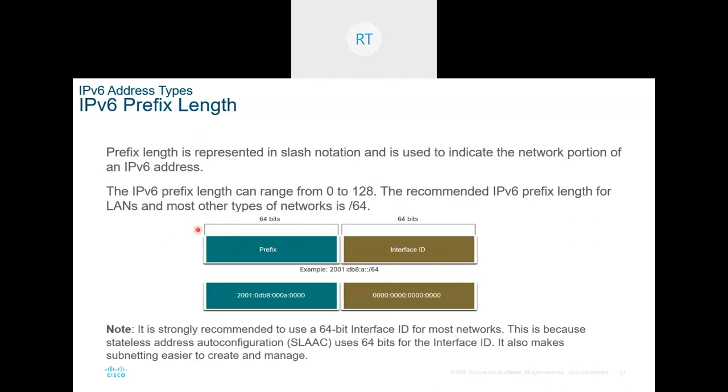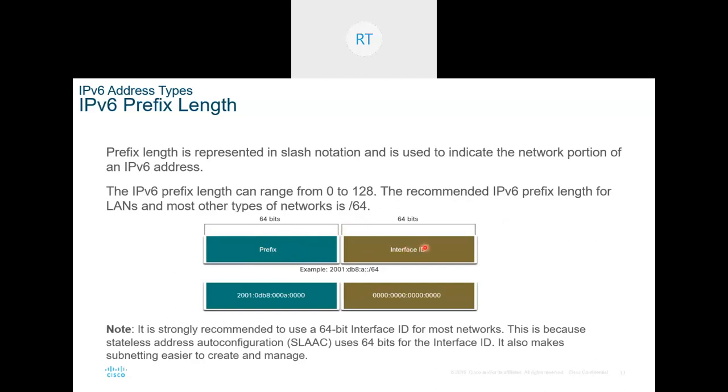Now the prefix is usually 64 bits, and the interface ID is also usually 64 bits. This is the normal application, that the prefix, or what you would call the network portion, is 64 bits, and the host portion is 64 bits.